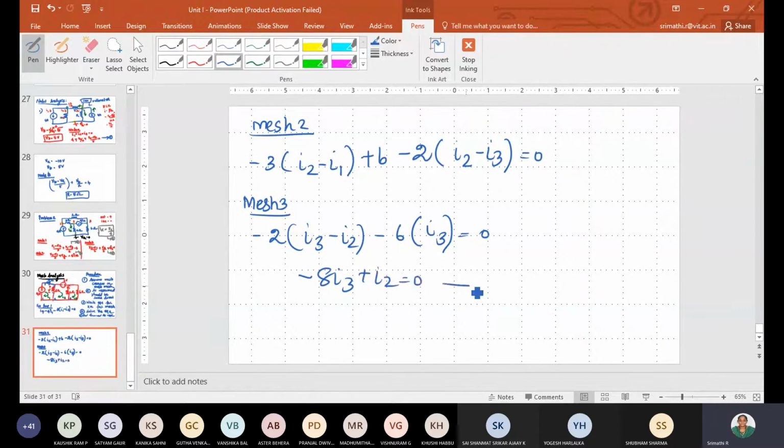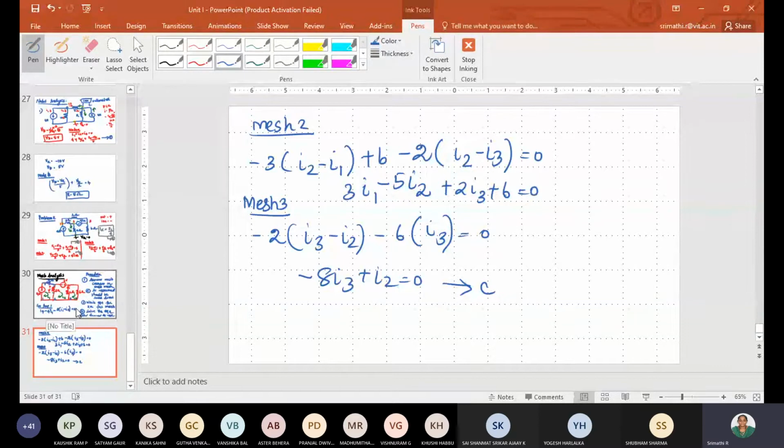This is an equation, name it as C. So minus 5I2 and then plus 3I1 and then plus 2I3 plus 6 is equal to 0.